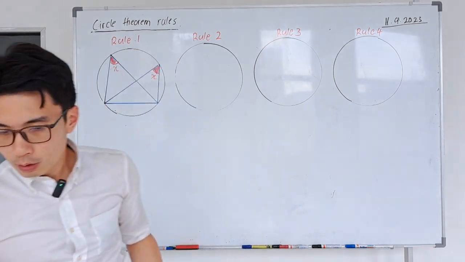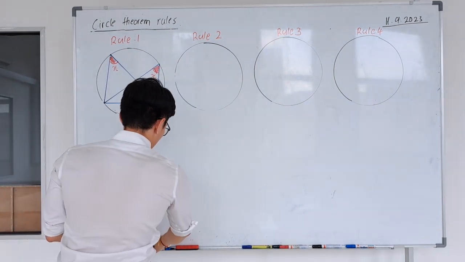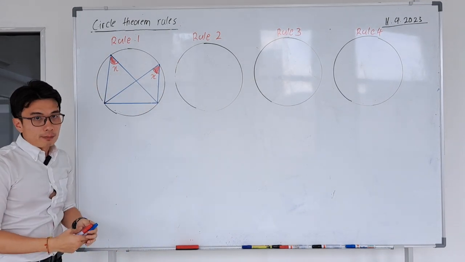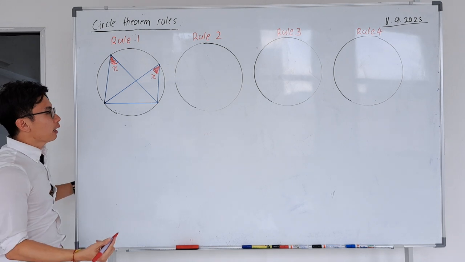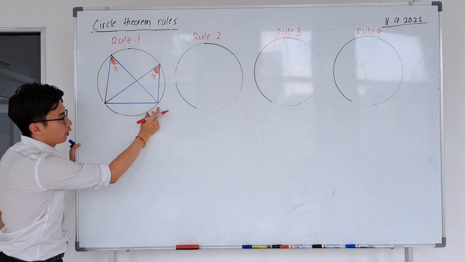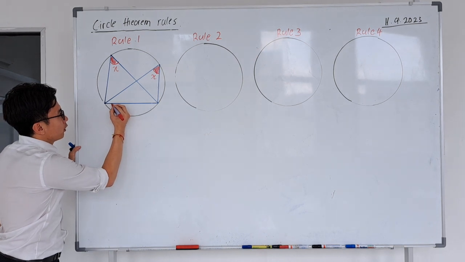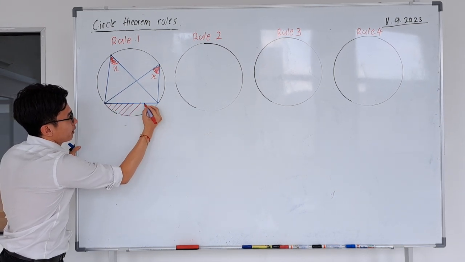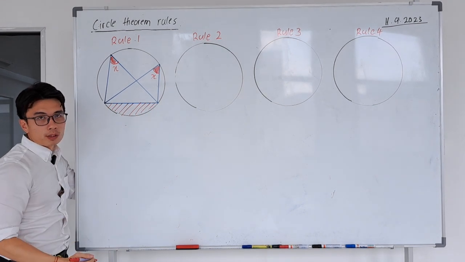Now based on our finding, we can write down the rule. What makes the angles the same? Remember how we draw the angle? How do we start? We draw from the same chord. So this angle is created by this segment over here.